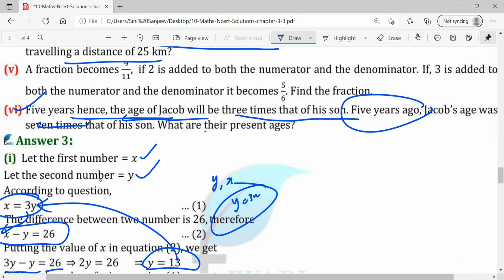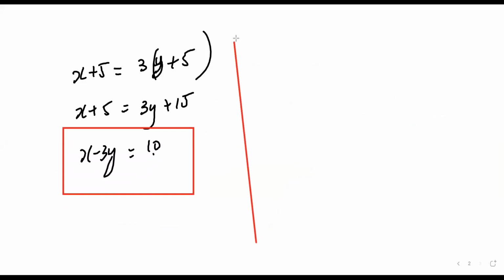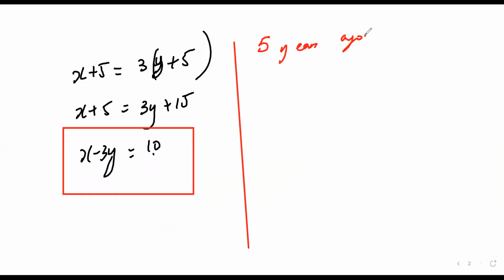Five years ago. Ago means minus. Jacob's age was 7 times that of his son. Five years ago, what is Jacob's age? X minus 5.